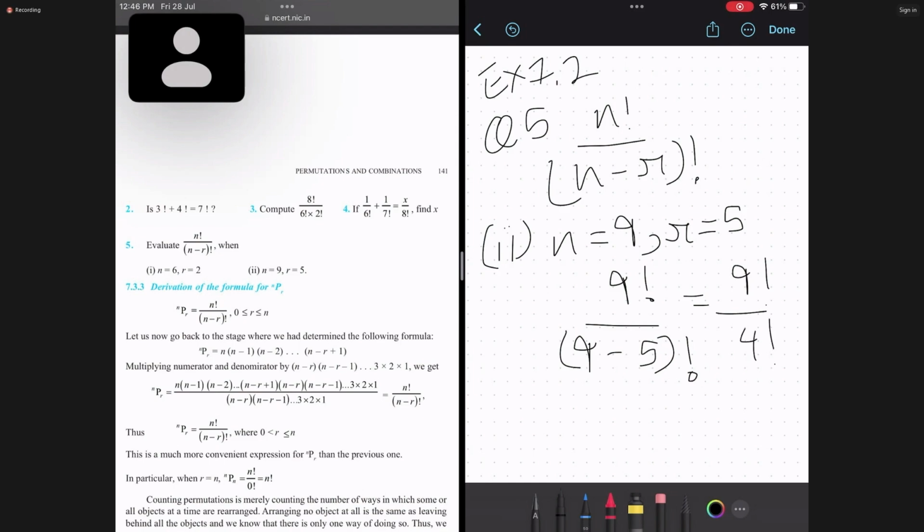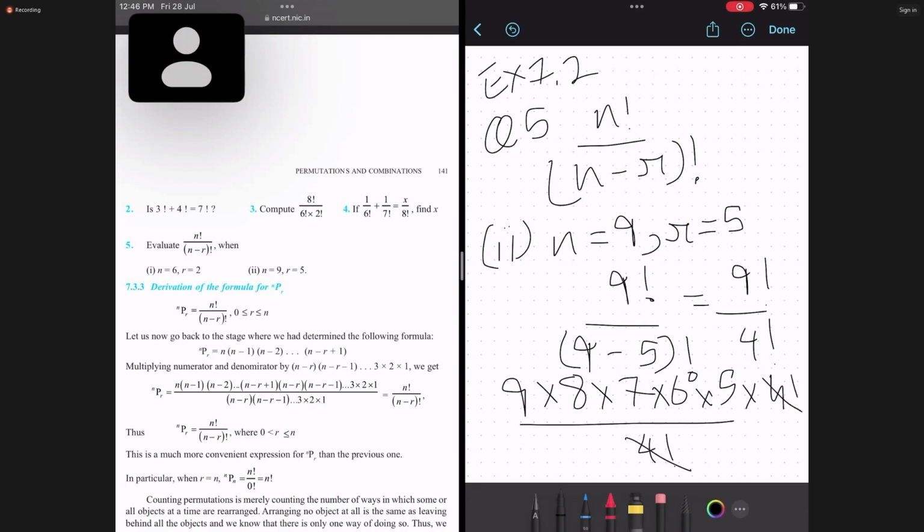Taking out things common from here, I will have 9 into 8 into 7 into 6 into 5 into 4 factorial upon 4 factorial, cancelling these things out. And finally, I'll be able to arrive at the answer by multiplying 9 into 8 into 7 into 6 into 5. And if you were to go on and do that, the answer that you will get is 15120. Correct. That is your final answer.